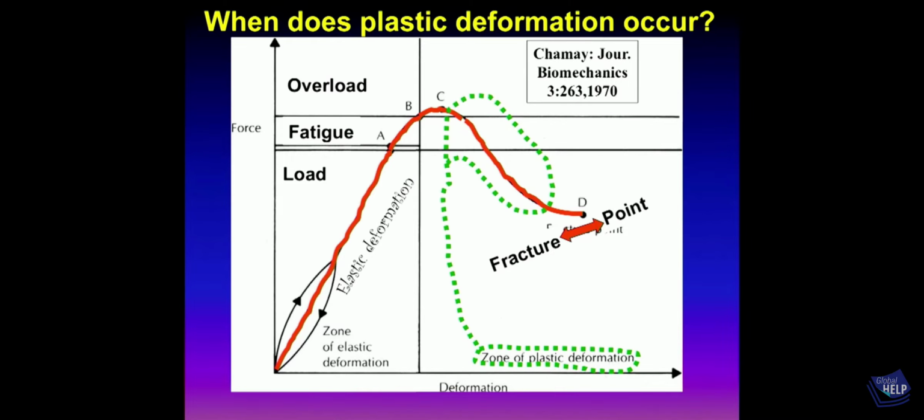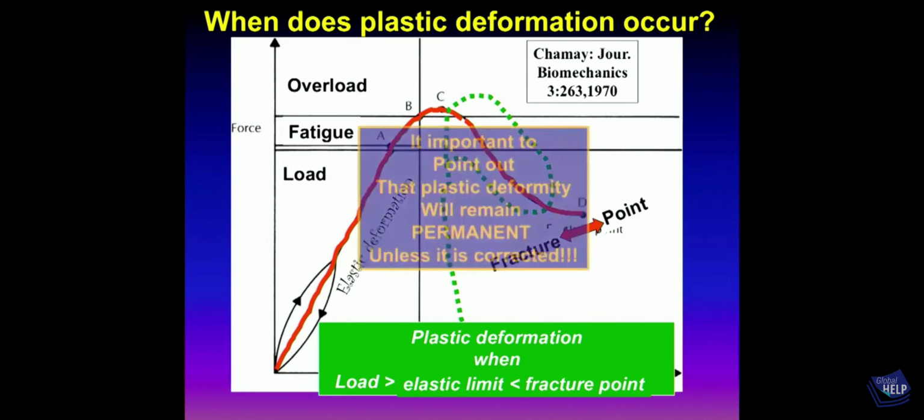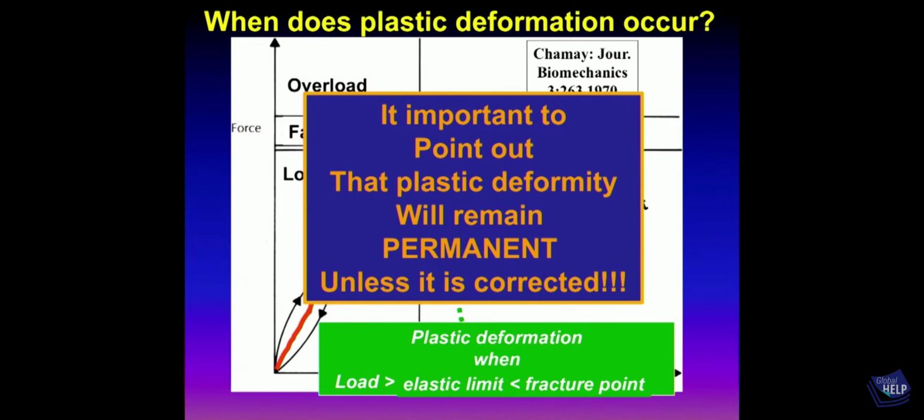So plastic deformation usually occurs in this area, when the load is greater than the elastic limit, but it's not quite at the fracture point. And the other thing that's really important to remember is that even though you don't see a break in the cortex, you have a deformity, an internal deformity, and if you don't correct it, it's going to be a permanent deformity.